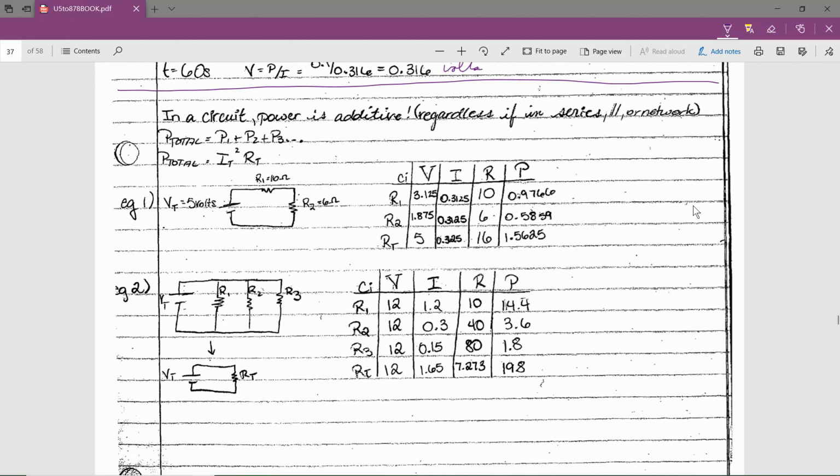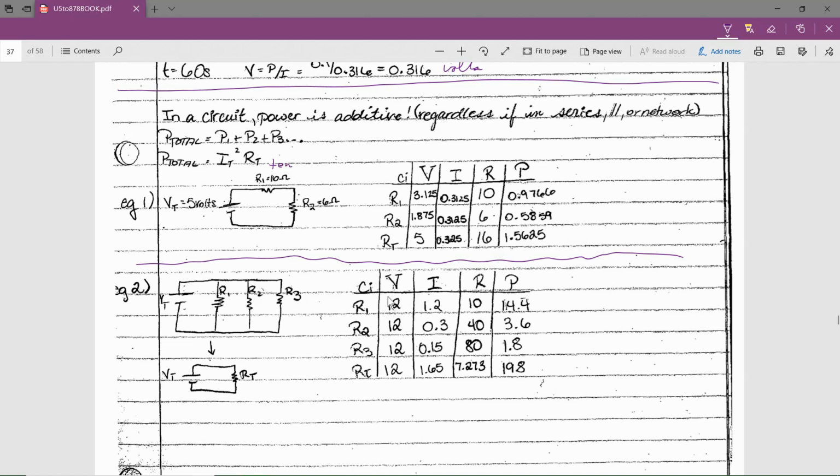So in this first example here, and this gives us some more practice with our circuit diagrams, example 1, a series circuit. So I've got 5 volts. R1 is 10 ohms, R2 is 6 ohms, so the total is 16.